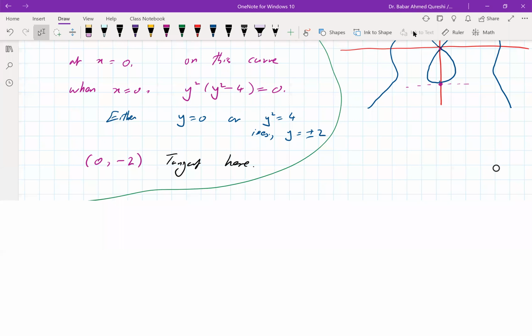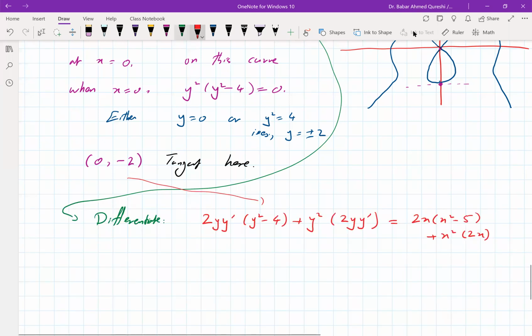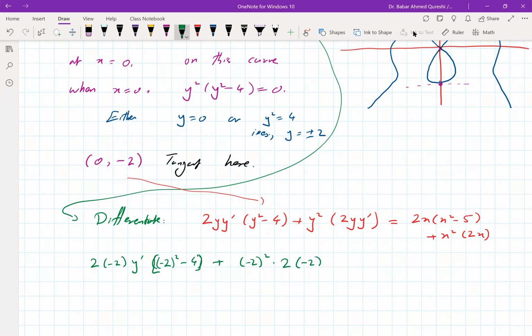Now I put these numbers here. So I get 2 times minus 2 y derivative and minus 2 square minus 4 plus minus 2 square times 2 times minus 2 times y derivative, which is at this particular point, not any other.